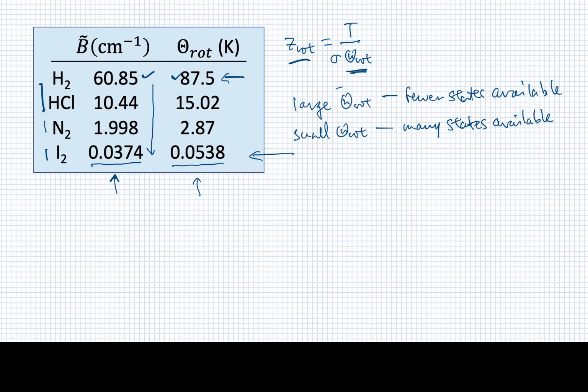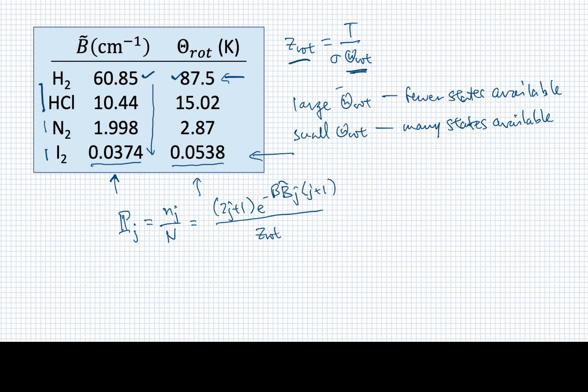Now, how would we determine the population of these states? Well, we would just generalize from our description of the probability. So the probability of being in the jth state is simply going to be the number of molecules in that state divided by the total, or it's going to be this expression, e to the minus beta B j times j plus 1, divided by z-rot.